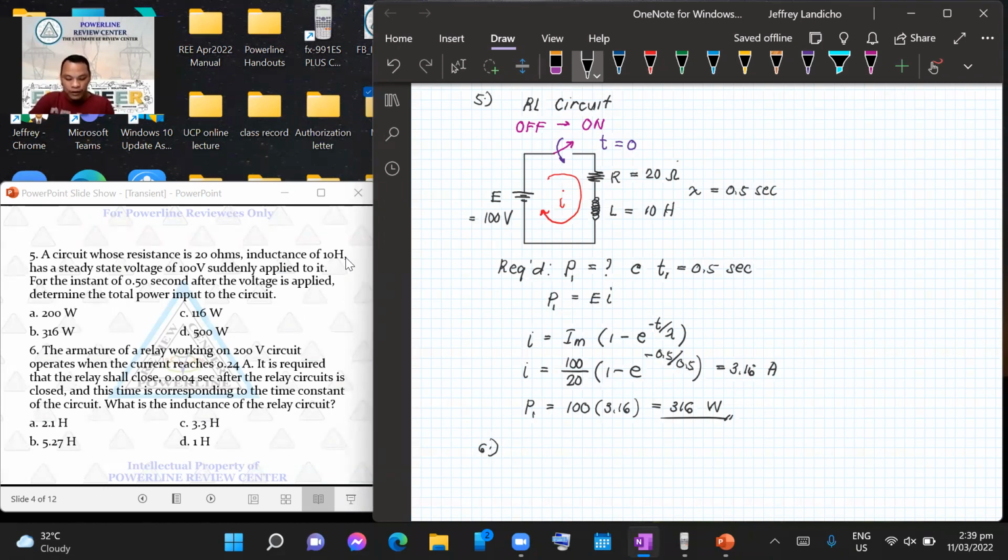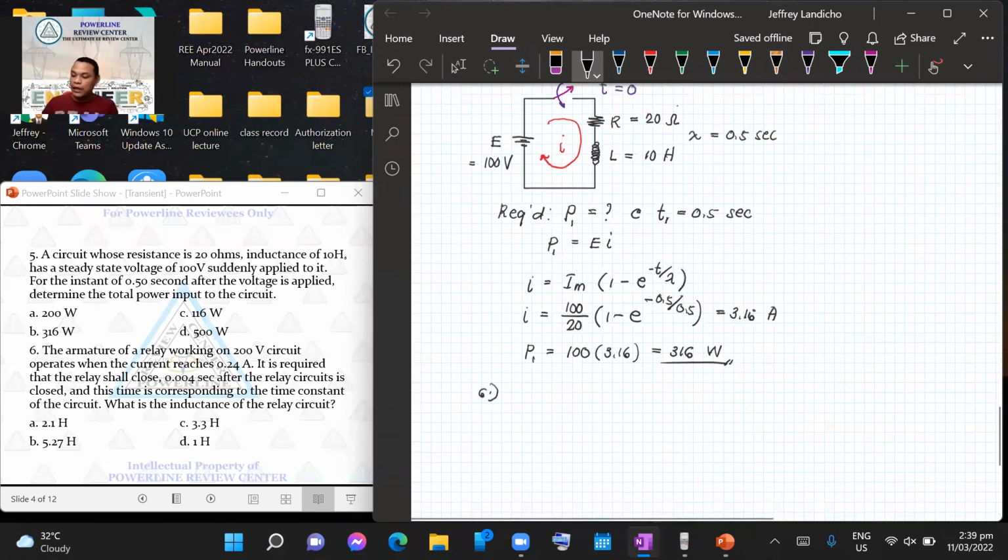It is required that the relay shall close 0.004 second after the relay circuit is closed, and this time corresponds to the time constant of the circuit. What is the inductance of the relay circuit?